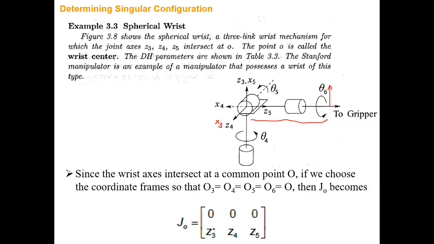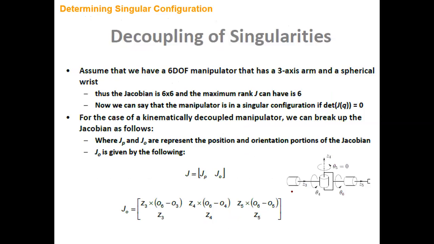Remember in this spherical wrist, all the axes intersect right here, meaning all the origins are here. So all of them equal O. Everything is O. O minus O is 0; O could be, for example, 5, 3, 2, then the others are also 5, 3, 2.